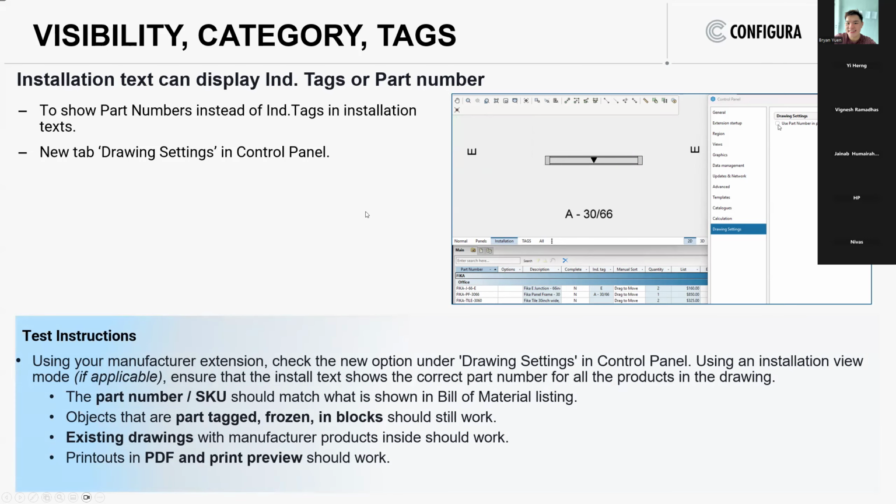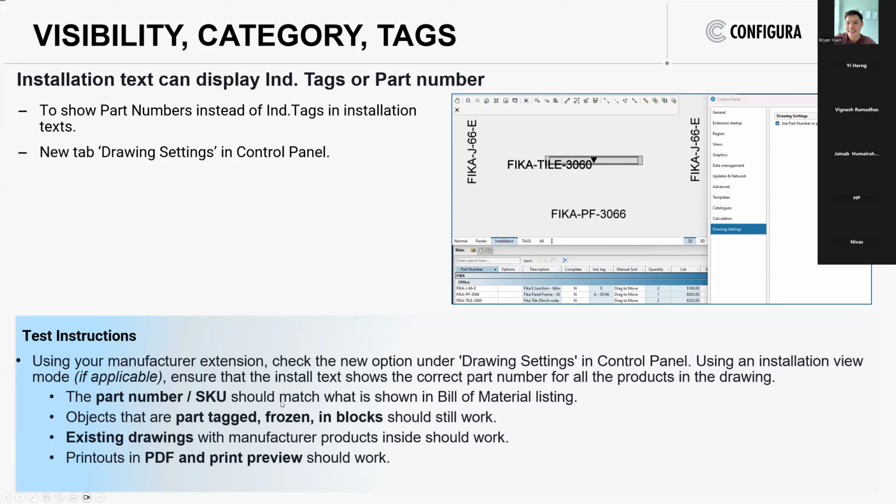To test, using your manufacturer extension, check the new options under drawing settings in the control panel. If you have a manufacturer installation view mode, please ensure that the install text shows the correct part number for all the products in the drawing.